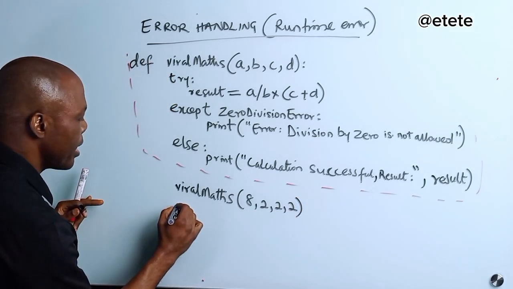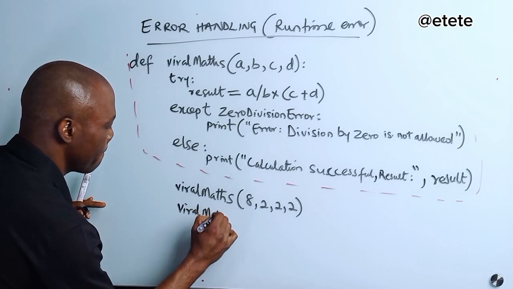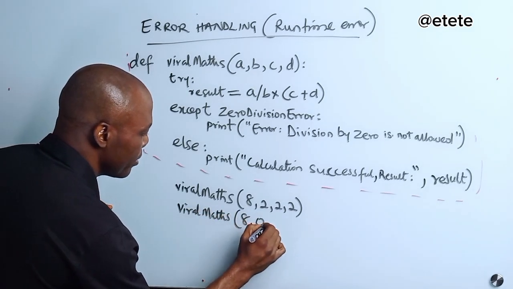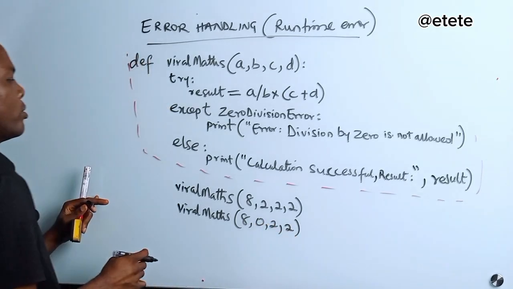And here I will say var_math again, now supplying 8, 0, 2, 2 to it.